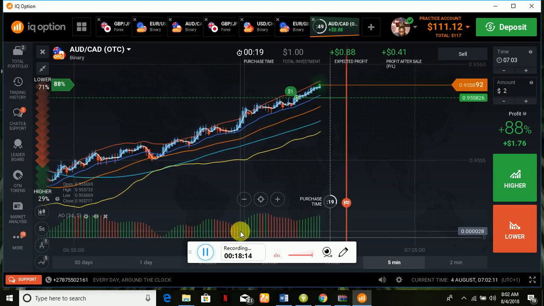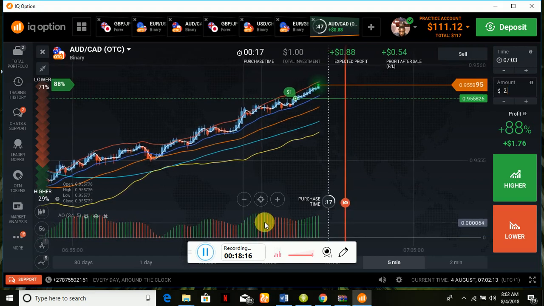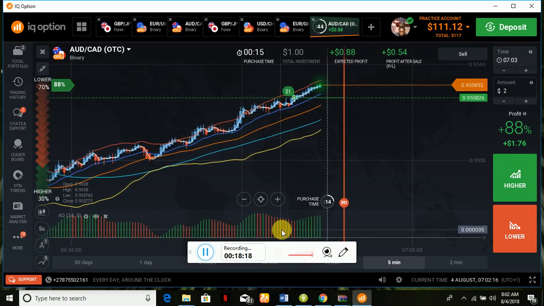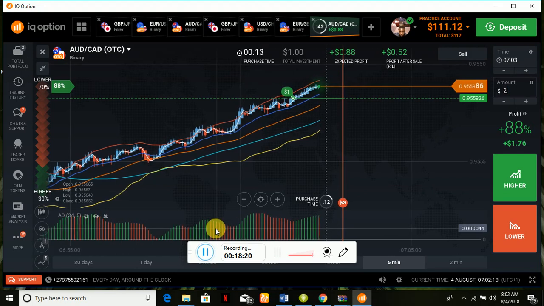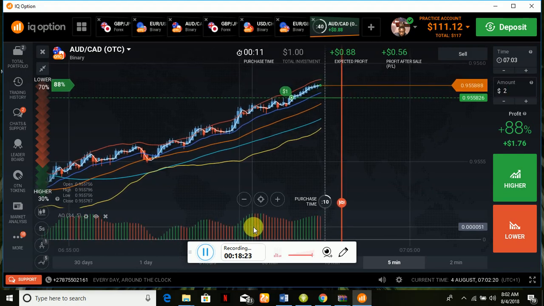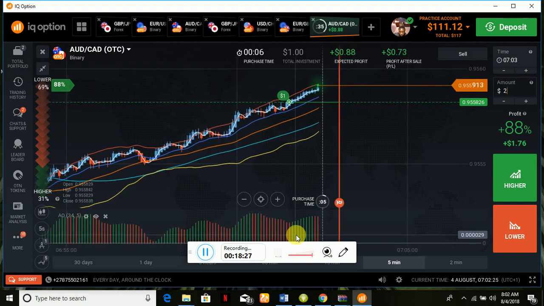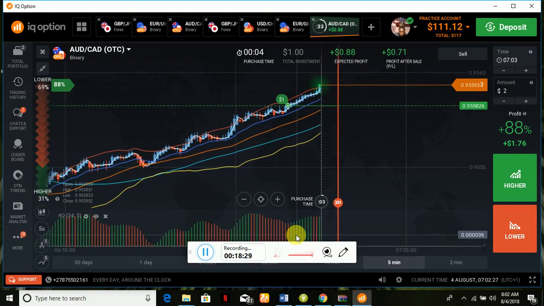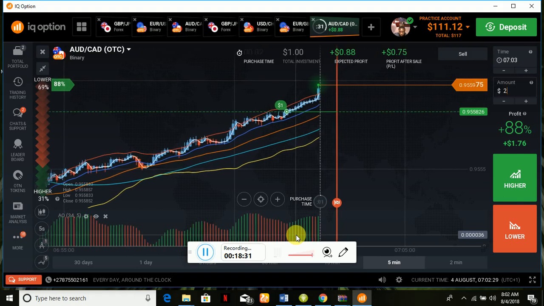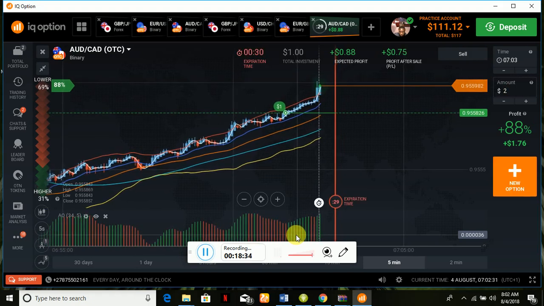Every time it shows a green bar, it goes up, but if it shows a red bar, it goes down. That's basically what it does. But in this case we are only buying. Now let's wait and see.